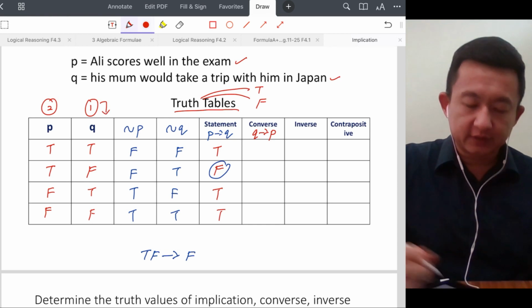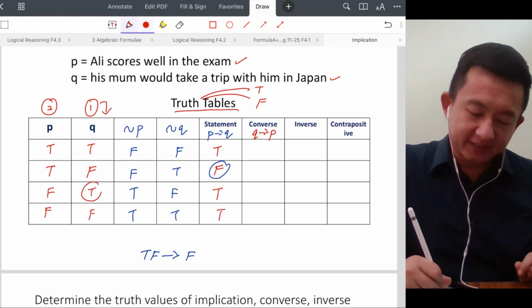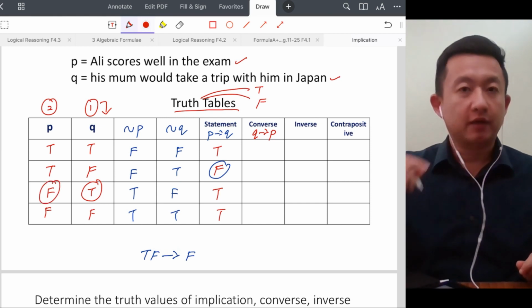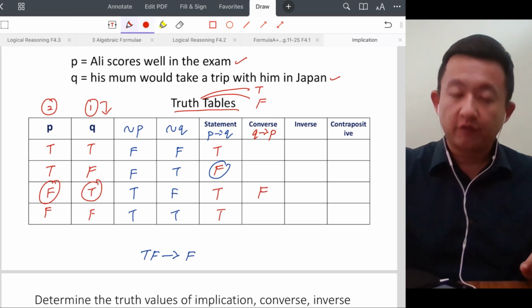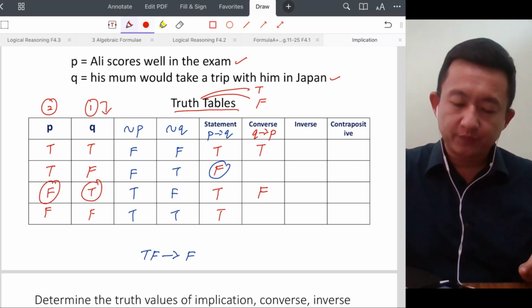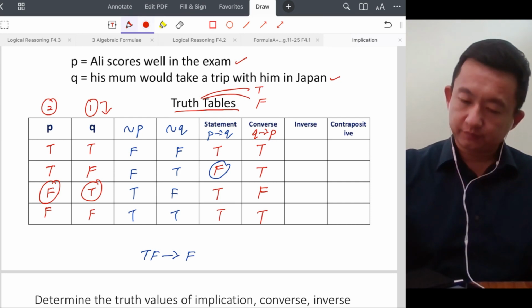I look at column Q first, TF. So this is the one, because I read Q first. TF will give me a false value and the rest are true. As simple as that.